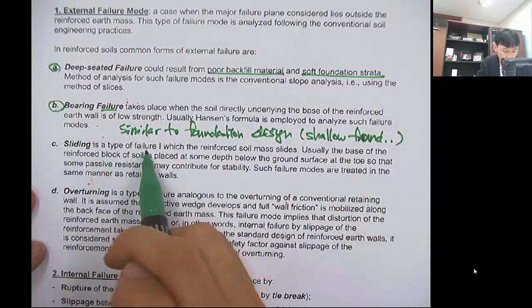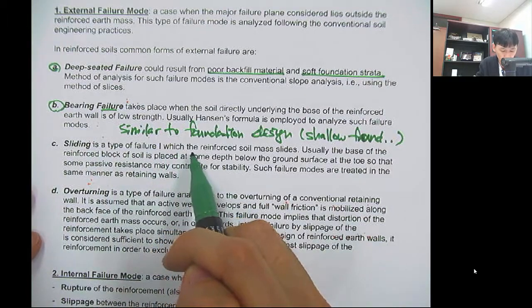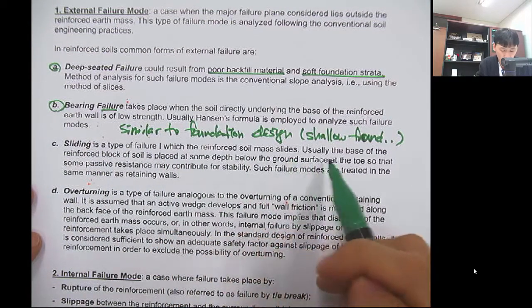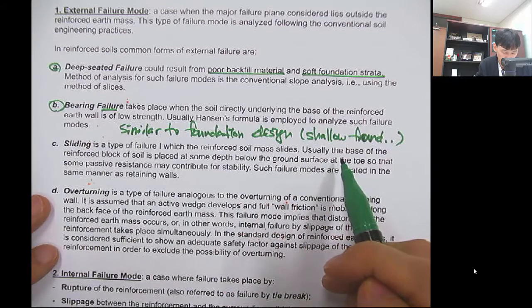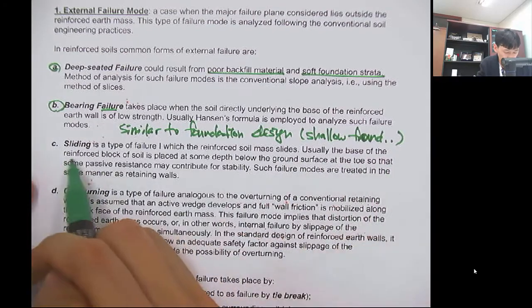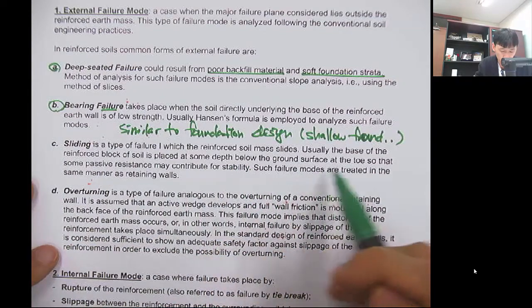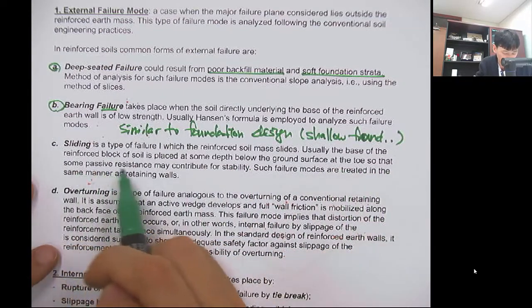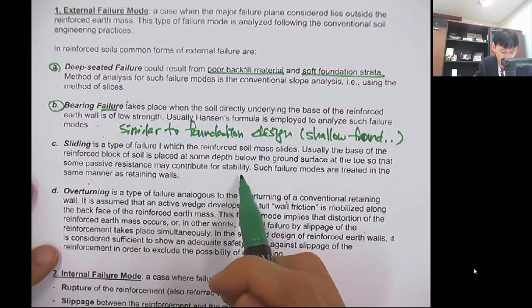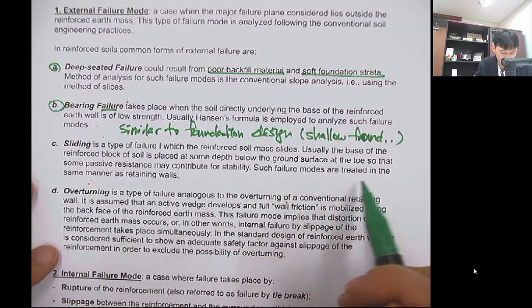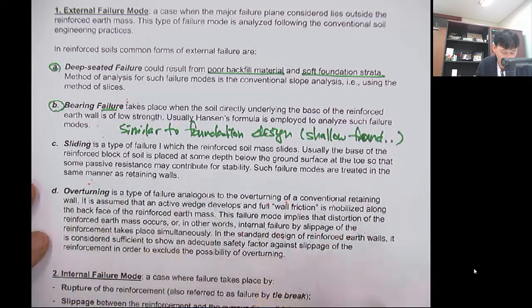Sliding is a type of failure in which the reinforced soil mass slides. Usually the base of the reinforced block of soil is placed at some depth below the ground surface, at the toe, so that some passive resistance may contribute to stability. Such failure modes are treated in the same manner as a retaining wall.